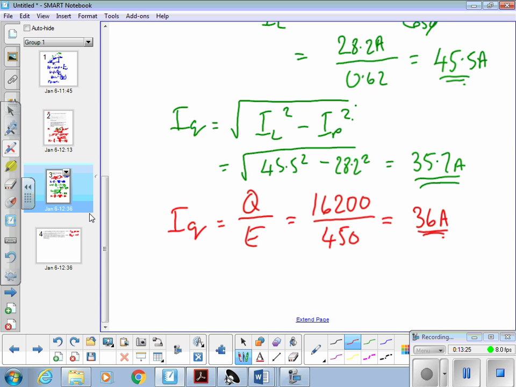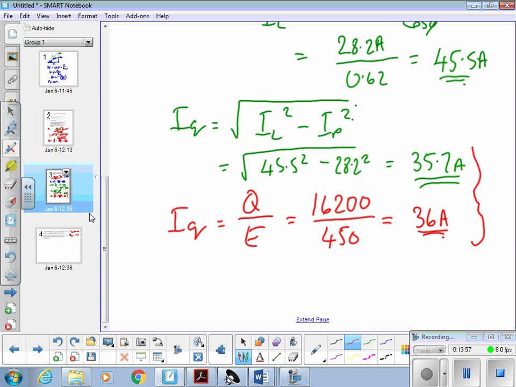Which is near enough for me. So you're straight in there with that, as opposed to a bit of a long-winded way. Albeit that, yes, I know you're going to now calculate the line current anyway from that and the other, the IP up there.